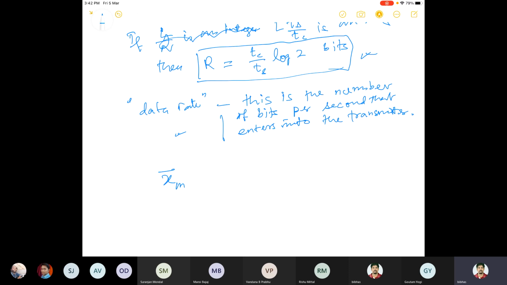First you had some u bar, let's say of length L, which is an L-length binary digit sequence. Now you convert it to some x_m bar, which contains n channel digits, and then you transmit it. So this is transmission through the channel, and then what you get is a y bar, which is of length n, so y1, y2, up to y_n.